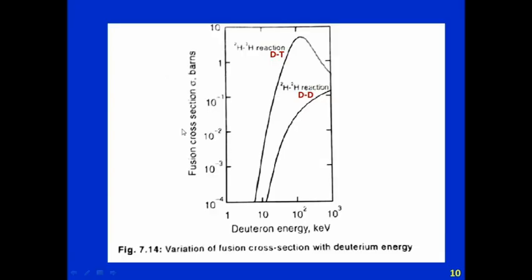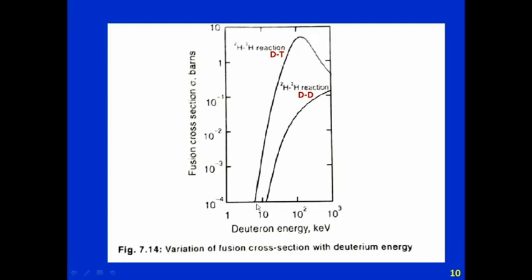It happens only at about 10 keV, or about 9 keV, whatever it is; only then can you have some sort of probability. So whatever the reaction, deuterium-tritium or deuterium-deuterium, you require some minimum energy. DT has lesser energy, so the reaction probability for DT is more, and it also happens at a lesser deuterium energy.